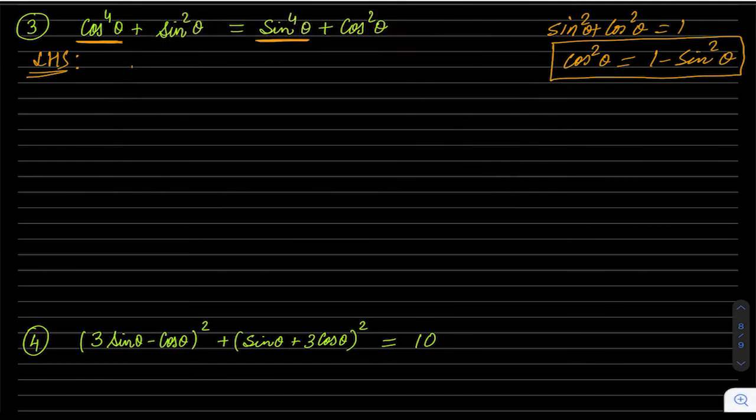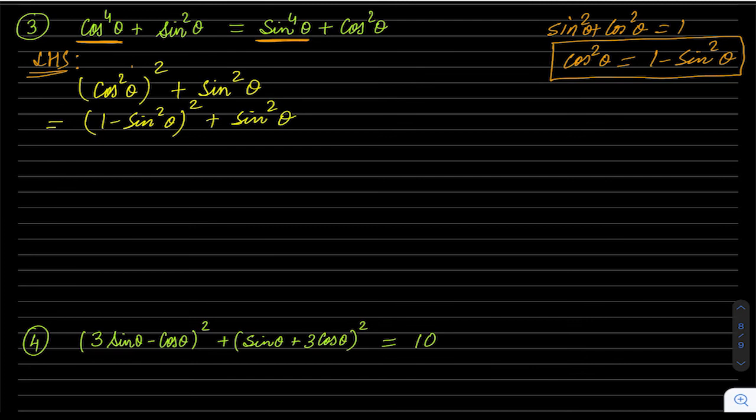So instead of cos power 4 theta, I will write cos square theta whole square. So square becomes power 4, right? And then I am using cos square theta as 1 minus sine square theta, plus sine square theta. Let's simplify this.